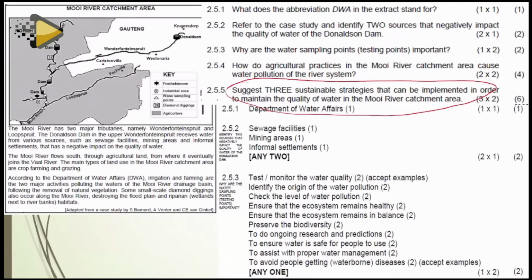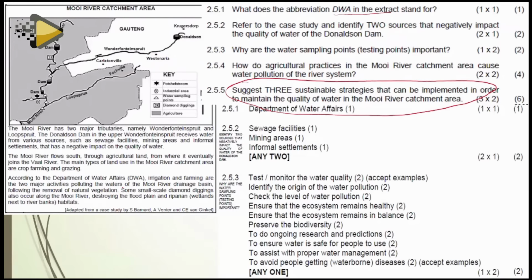What is key here? You must know what the abbreviation DWA stands for. DWA stands for Department of Water Affairs. But usually this comes in the form of an extract. You'll have an extract that you have to read. That extract can be an infographic, or it can be just one extract that you read from.